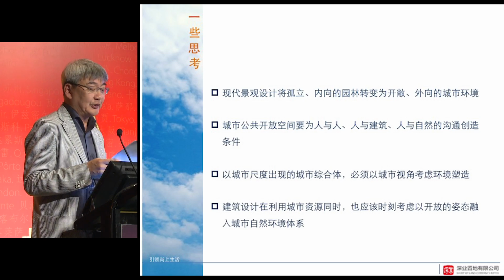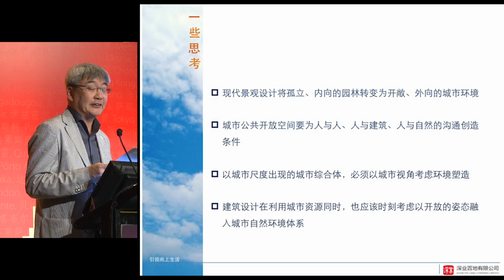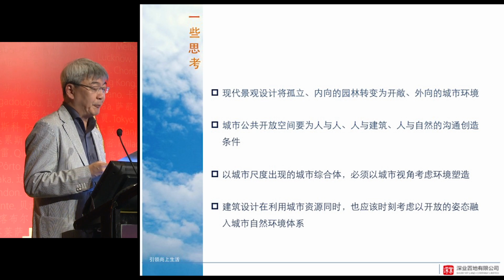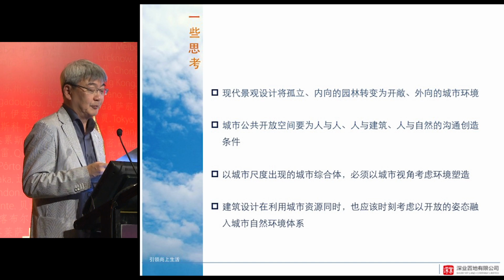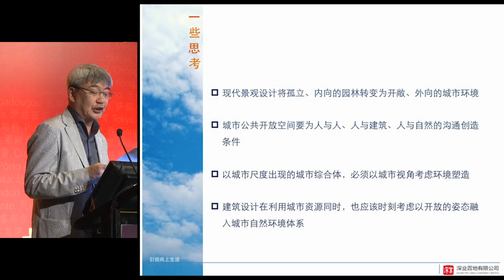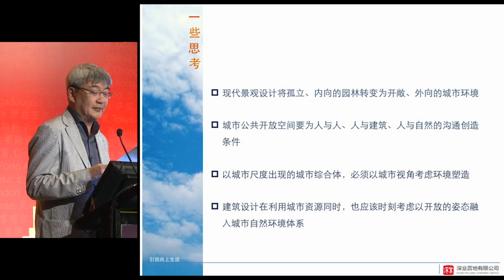So, for the conclusion, the design for the modern landscape has transformed the original lonely and introverted garden into an open and extroverted city environment, and transformed from the garden, the urban area, into an urban in a garden.